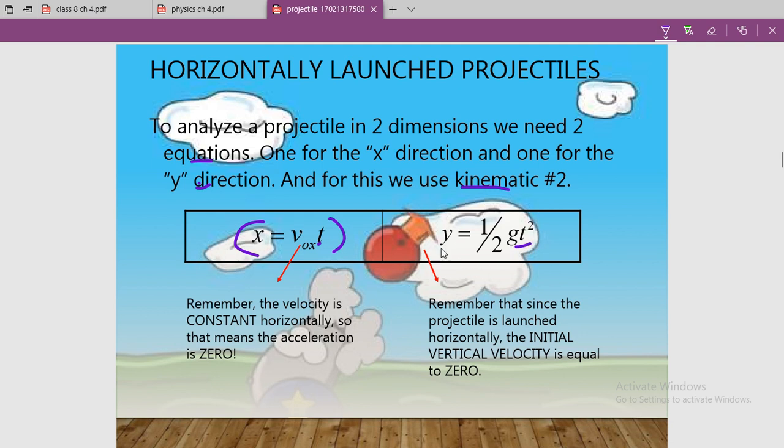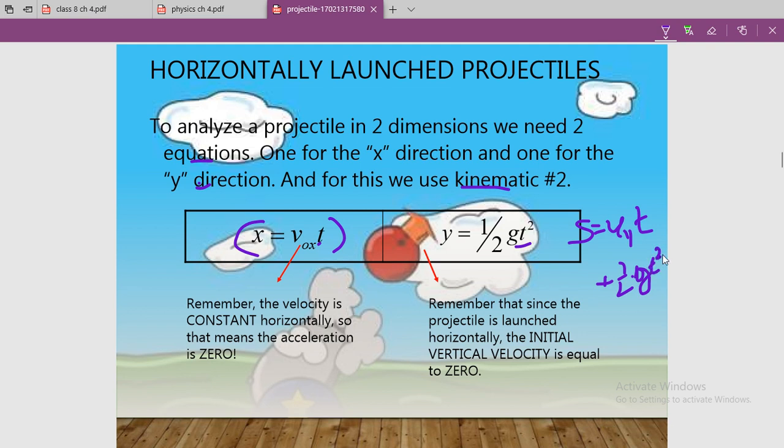I hope you understand why it is 1 by 2 gt square, because here we use s is equal to ut plus half at square. This is equation number 2, that is s is equal to u, where u is the vertical component, into time plus half g t square.